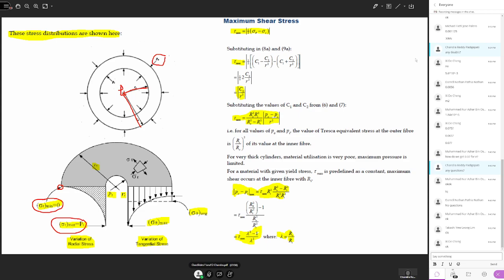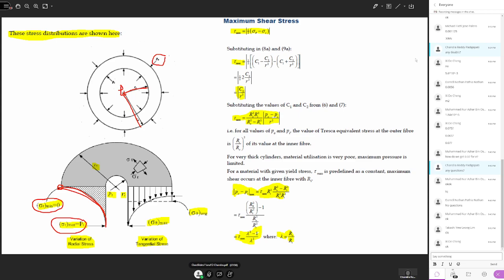So the radial stress varies from negative Pi to zero as shown like this. It gradually decreases to zero from the maximum value of inner pressure Pi.